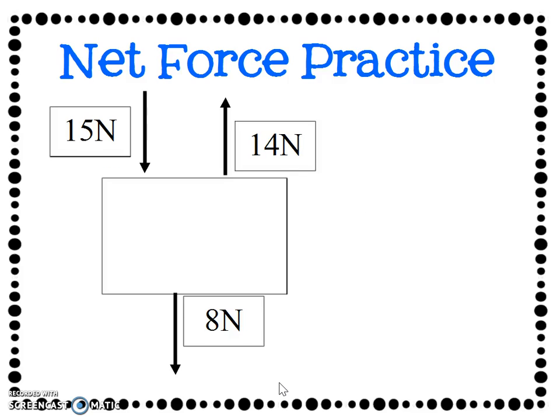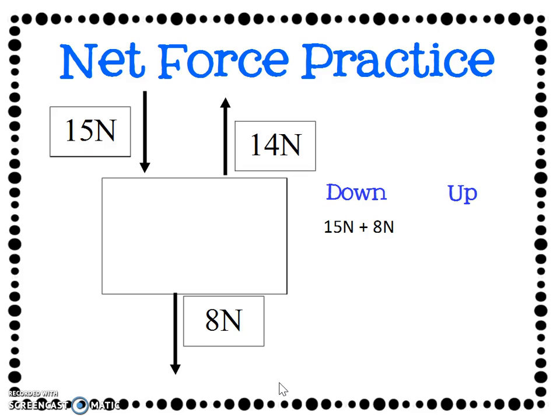Let's look at another example. In this case, the box is being pushed down, and it may be also pulled up. So we're going to look at down, and we're going to look at up. Forces pushing down on the box are 15 newtons, and it looks like it may be pulled, however you want to look at it, 8 newtons as well, down.